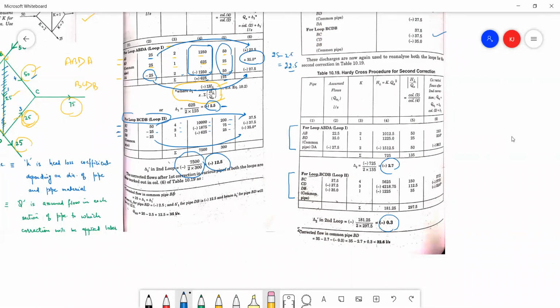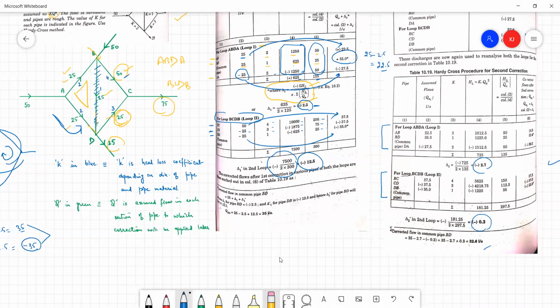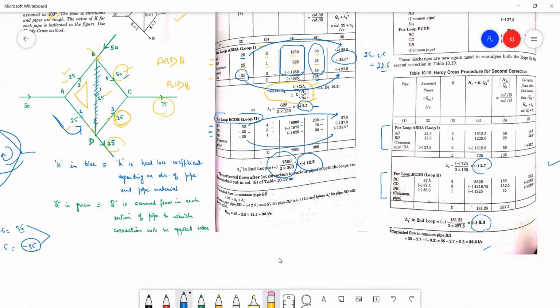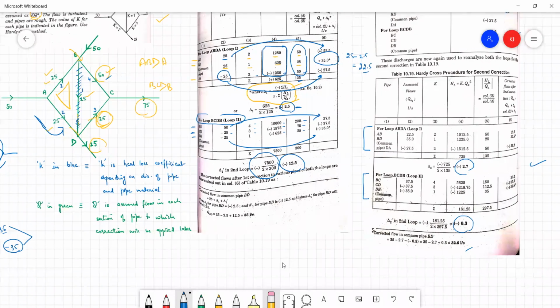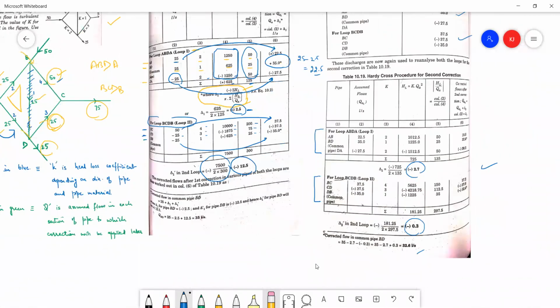So whatever flows we achieve at the end of this particular iteration, we will stop over there and say that these are the flows almost near to the true value, which will be occurring in the pipes of these particular loops, right?